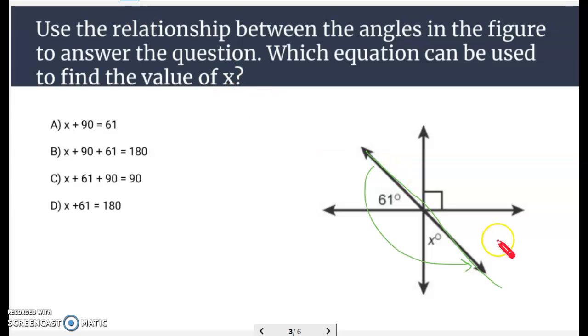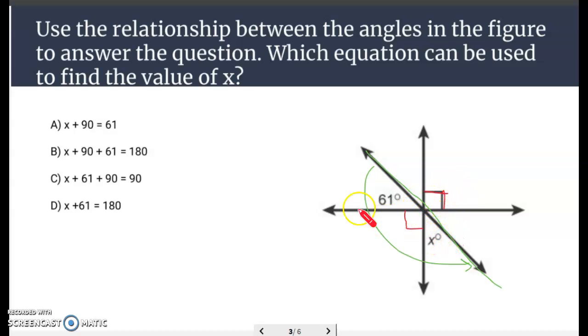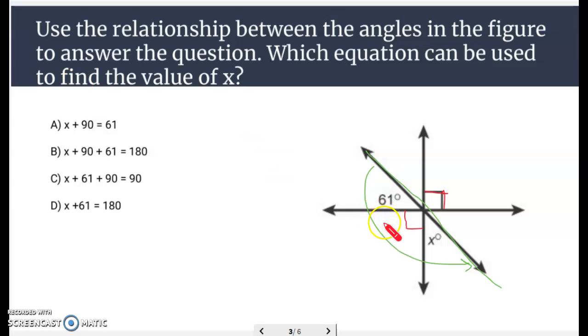The fact that this angle is 90 will also imply that this angle is 90 due to the vertical angles. They're vertical angles. And if we were to add up all three of those angle measures, given that this one is 90 degrees, 61 plus 90 plus x would equal 180. And that equation would help us solve for the missing angle if we were to find that.